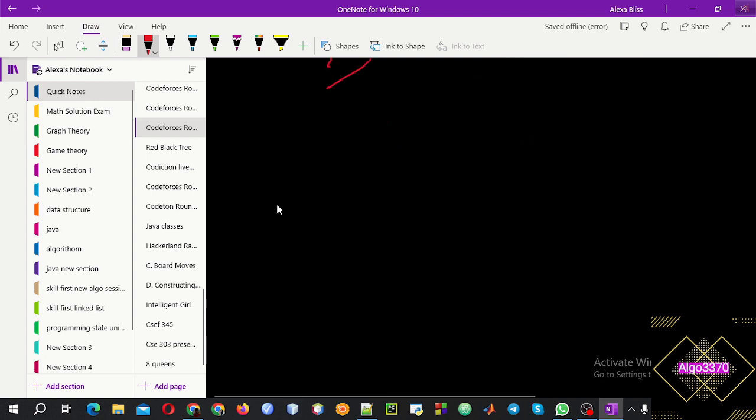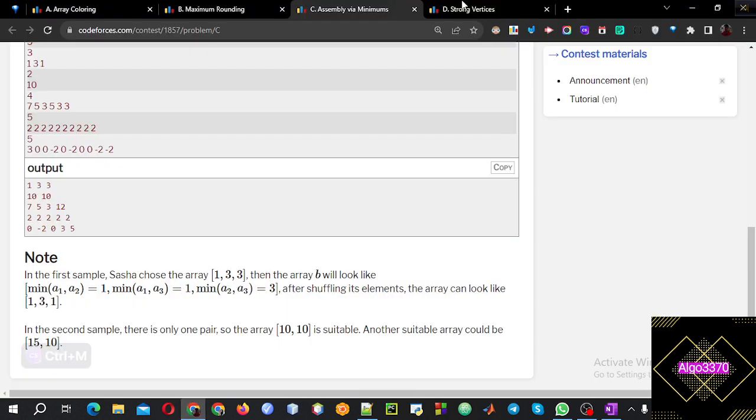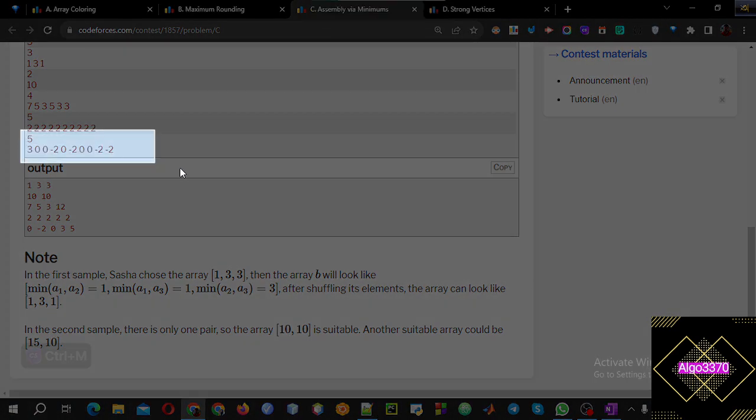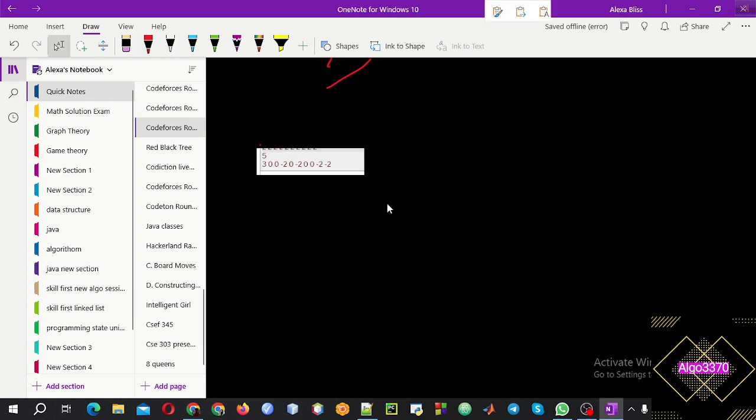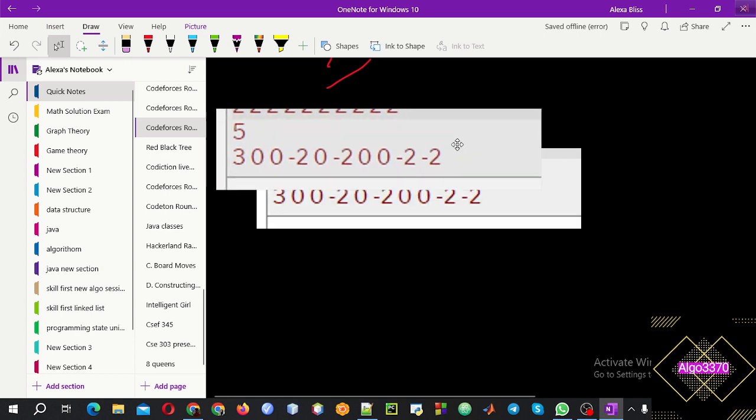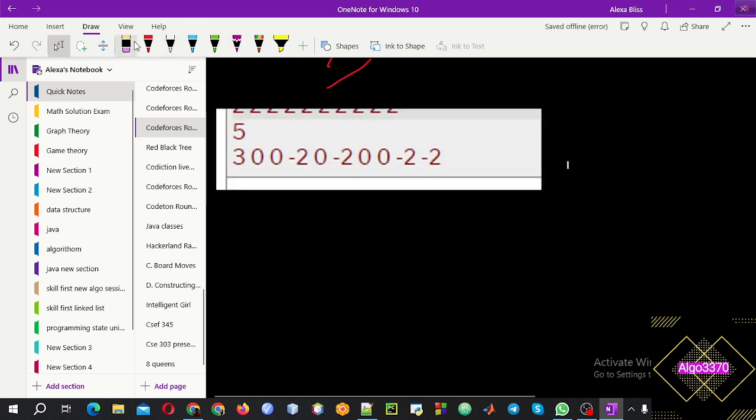That means let's solve an example. We'll pick this example. Here, what is the computation of our array?